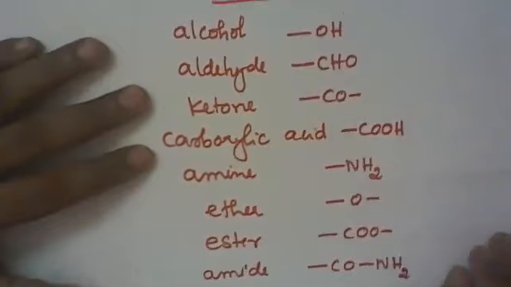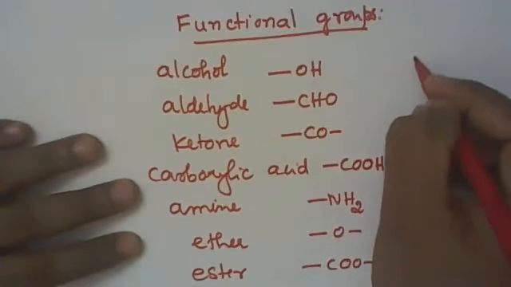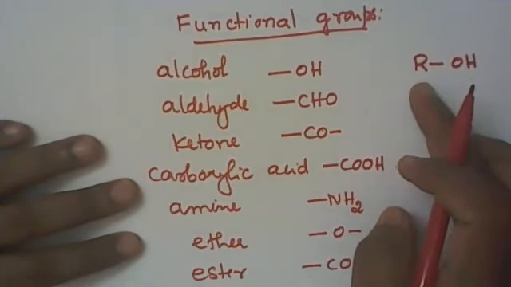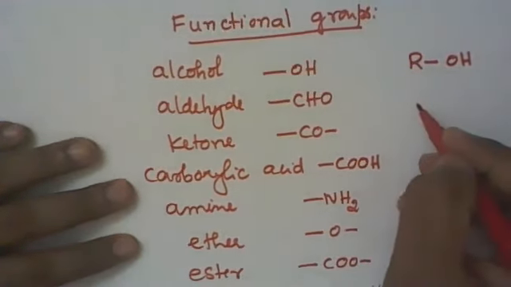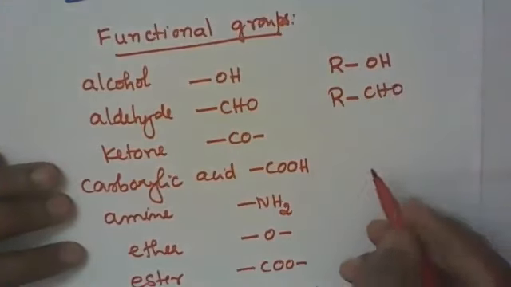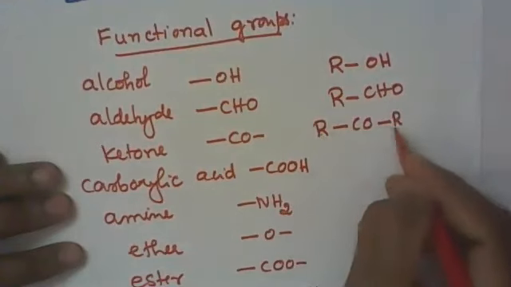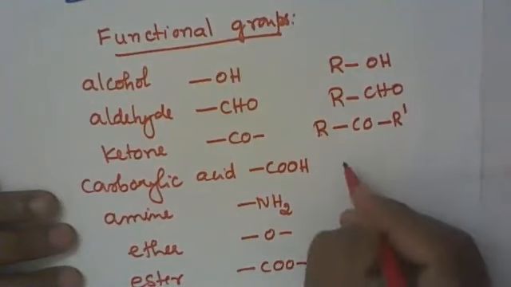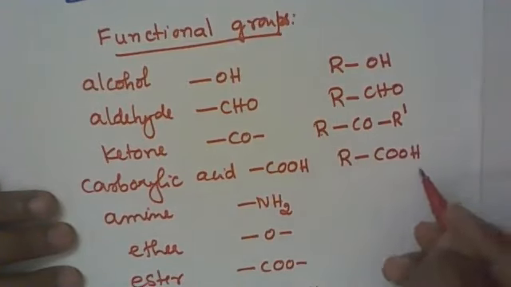How to write down the general formula for these compounds? Alcohol can be written as ROH. Remember, R is an organic group containing carbon atoms. Aldehyde is RCHO. Ketones, RCOR. R groups can be same, R groups can be different. Carboxylic acid, RCOOH.